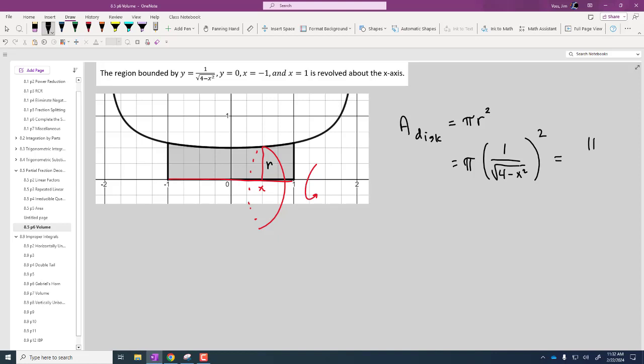We end up with pi times 4 minus x squared. So that is the area of a disk at x. Then to get the volume, we integrate the area.